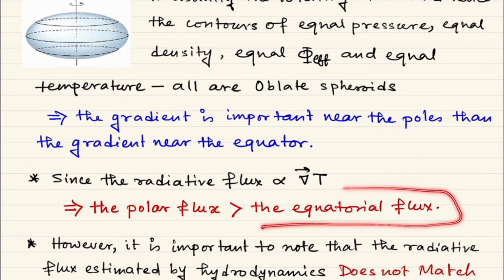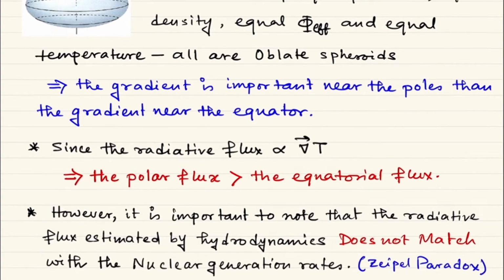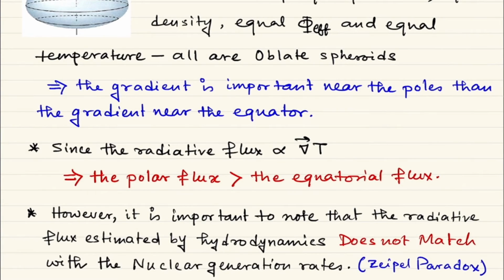So as the gradient of T is greater near the poles than the equator, the polar radiative flux is greater than the equatorial flux. But the only problem is that the energy which is radiated should come from the normal energy source of the star, which is nothing but nuclear reactions.